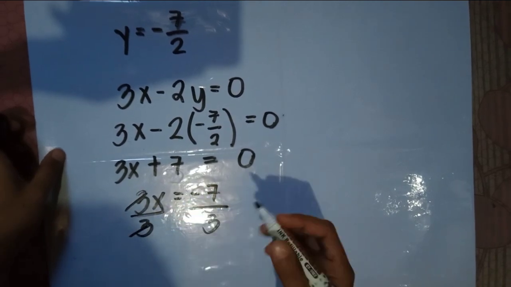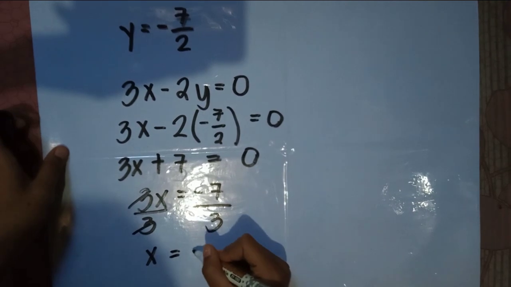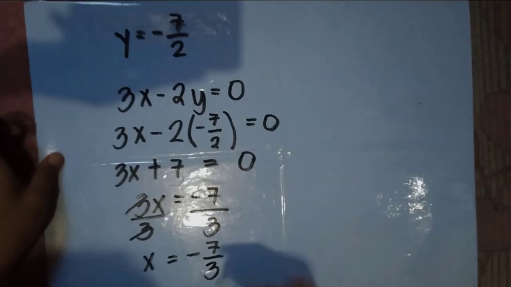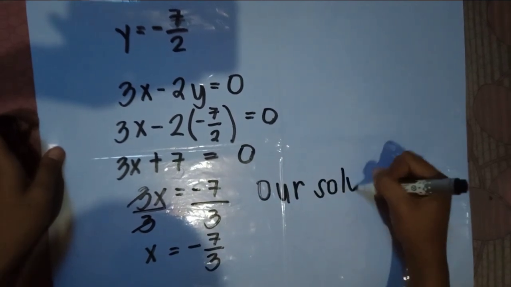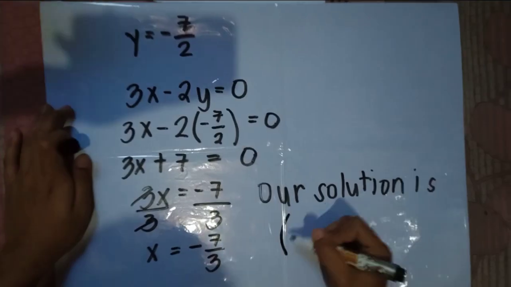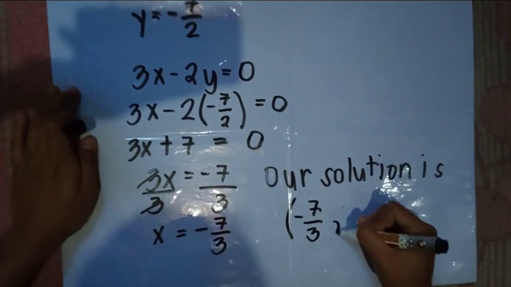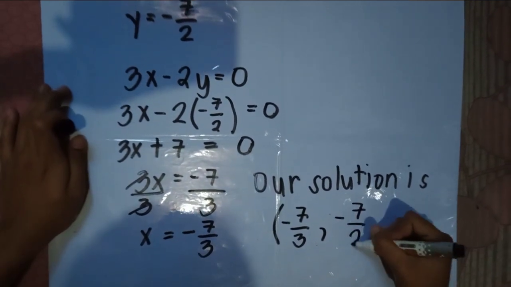On the left side of the equation, we get x equals negative 7 over 3. Our solution is negative 7 over 3 and negative 7 halves.